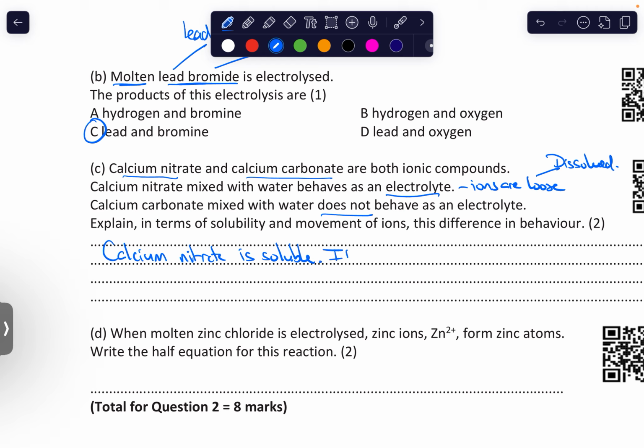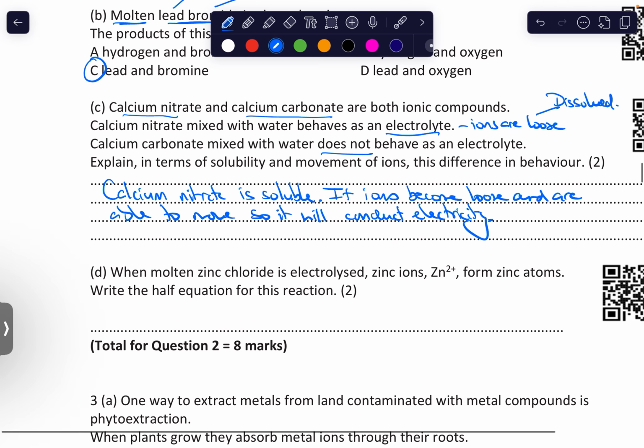We can say its ions become loose and are able to move, so it will conduct electricity, and that means it's behaving as an electrolyte.